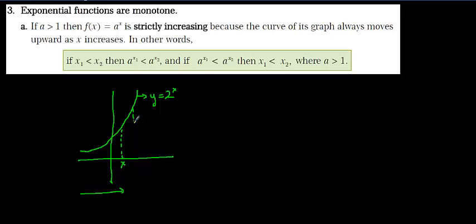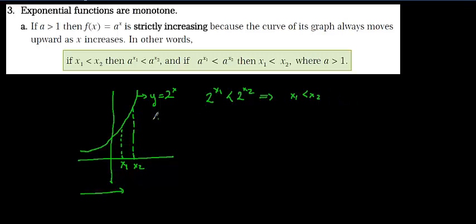So if this is x1 and this is x2, 2 to the power of x1 is smaller than 2 to the power of x2, and this implies that for the increasing function we are talking about, x1 is also smaller than x2. It explains this one only.